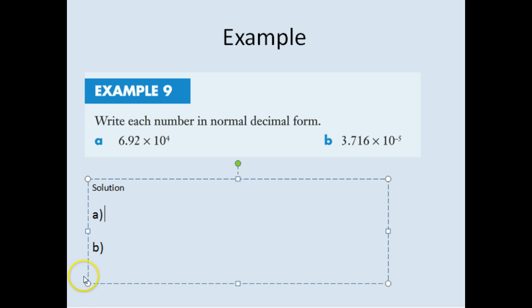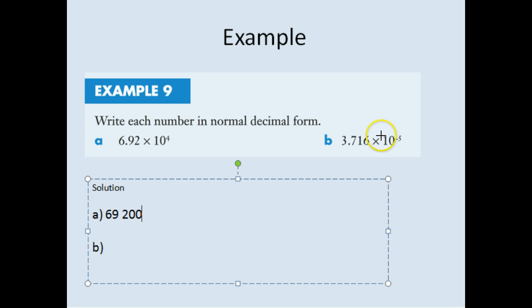Let's move this decimal point 4 places back. So we're going 1, 2, 3, 4. So I'm going to need a 0 here, and I need a 0 here. So my solution is going to be 69,200.